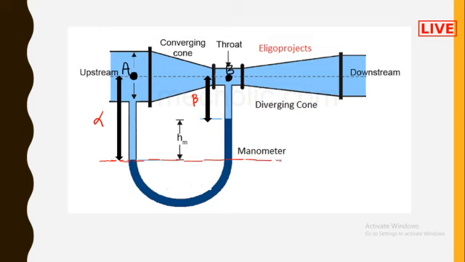I am choosing a reference axis, X and Y. I can write that the pressure at X will be equal to the pressure at Y. The pressure at X will be equal to the pressure at point A, plus, because this one is mercury and this is the manometric fluid, and the water is flowing in the pipe, this is the density of the water.